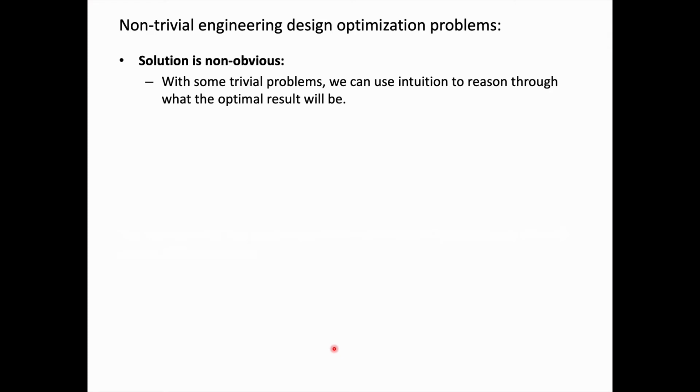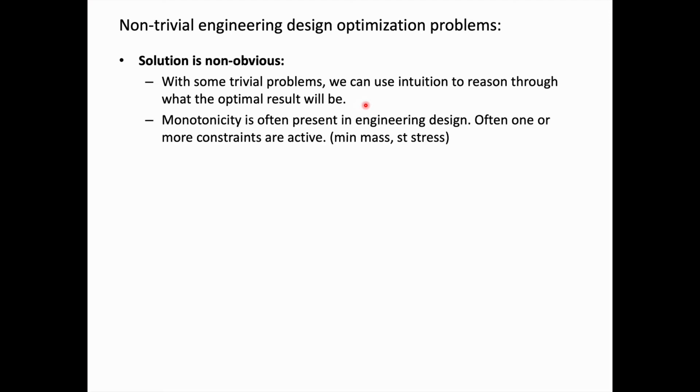Non-trivial engineering design optimization problems are those where the solution is non-obvious. There are some trivial problems that could be defined where we could just look at the problem and use intuition, or just by inspection we can see what the best design is going to be.